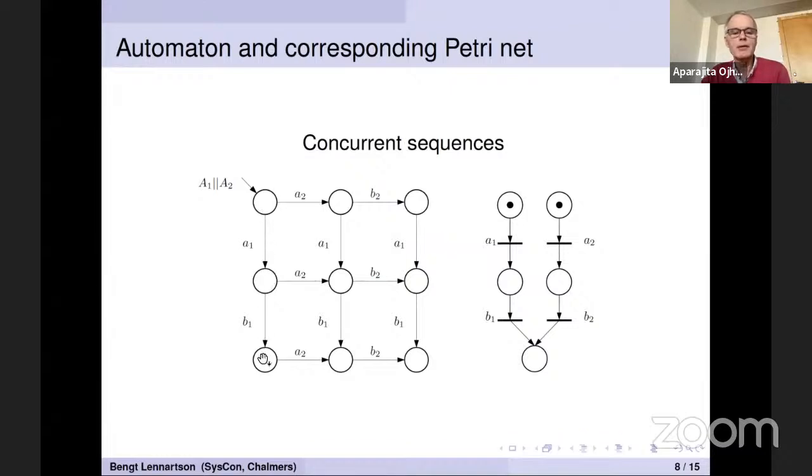Then we take the second automaton going with A2, B2, but in the Petri net you move the token from the first to the second to the final place. And there are, of course, other combinations like A1, A2, and then both tokens in the middle place, and then say B2 and B1, and finally you have two tokens in the final place here.